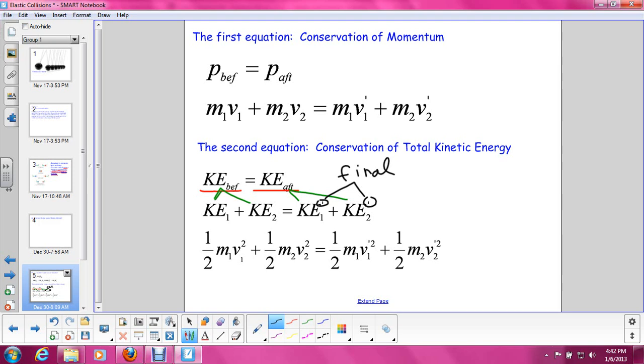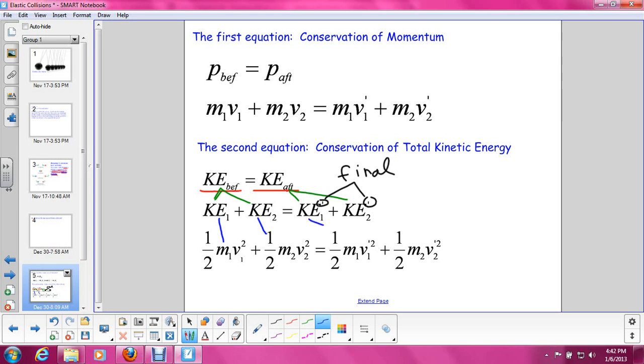And if we expand this one step farther, we can plug in our equation for kinetic energy. So the kinetic energy of object 1 initially is 1/2 m1v1 squared. Its mass times its initial velocity squared. Same for initial kinetic energy for object 2, except now you have its mass and its velocity before the collision.